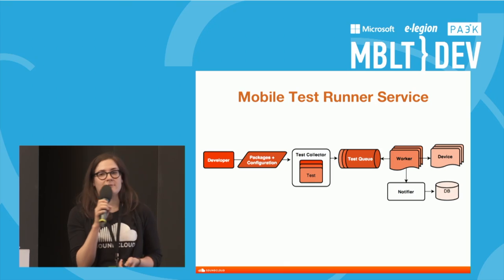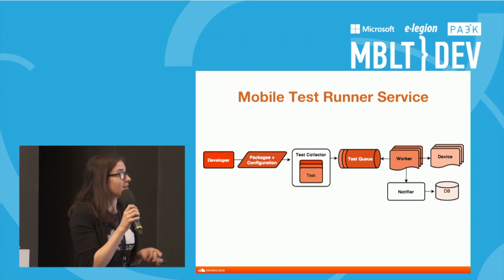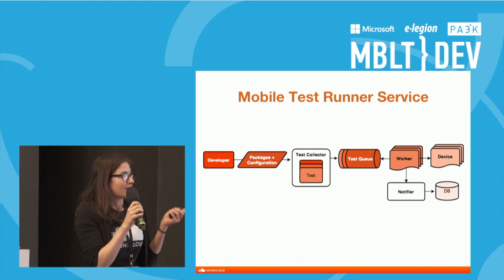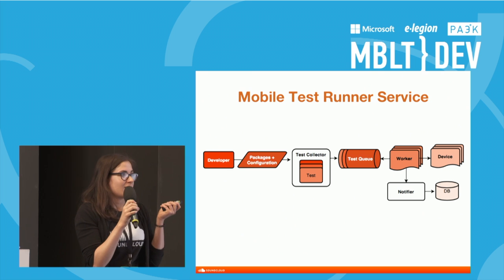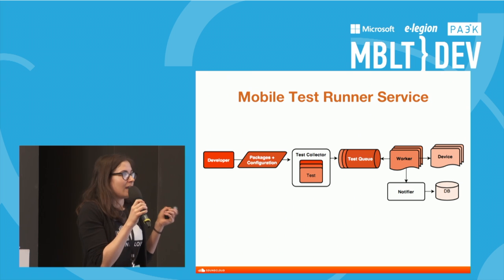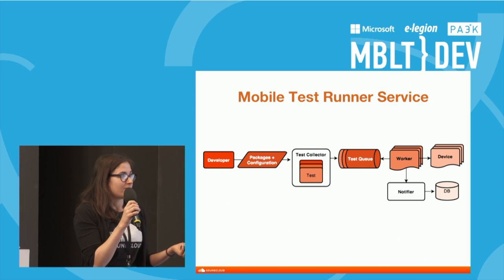This is a really simplified overview of how it works. Basically, a developer gets their test package, their application package, any tools packages that they need, as well as specifying a configuration.